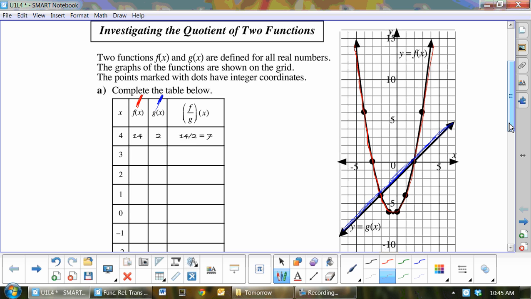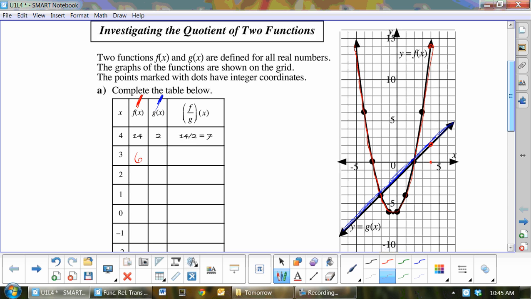So you see we're at 4. If we go with 4 over here, this point is right here. It is 14, because 14 is right here, divided by 2, which is on that one. So it's 14 divided by 2. The next one at 3, what is 3 hitting? What point would you say that is? 6.